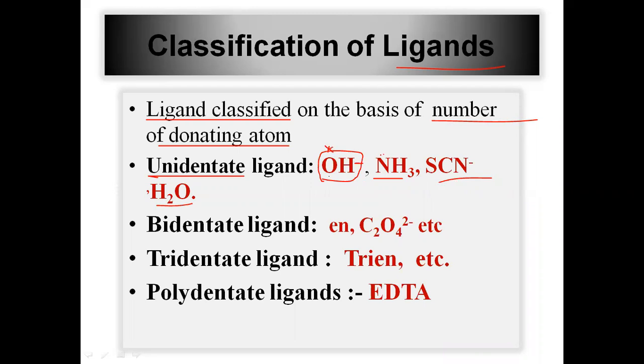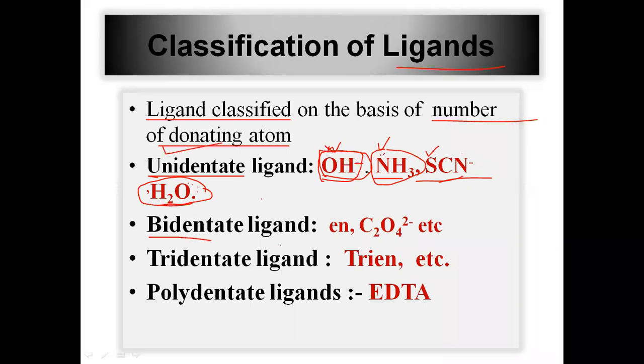Okay, so in the hydroxy group you can see there is one oxygen atom, so this acts as the donating atom. In amine the nitrogen acts as the donating atom. In thiocyanate there is the negative charge on the sulfur, and in the H2O molecule you can see the lone pair of electrons on the oxygen. Okay, so all these ligands have only one donating site, that's why they are unidentate ligands.